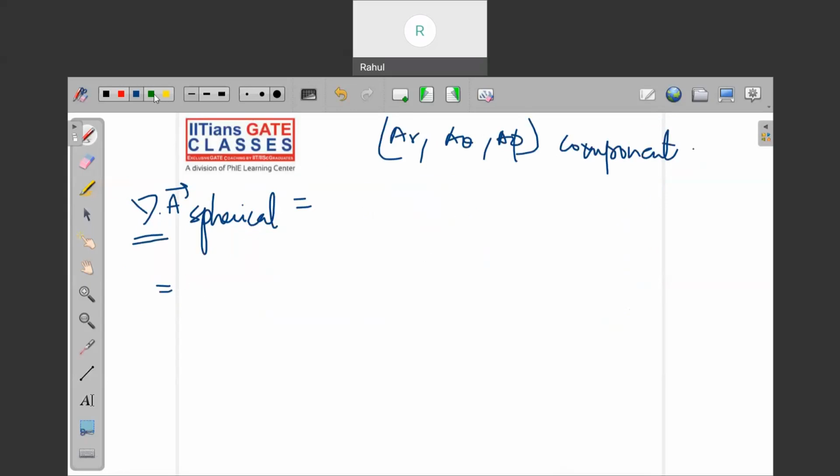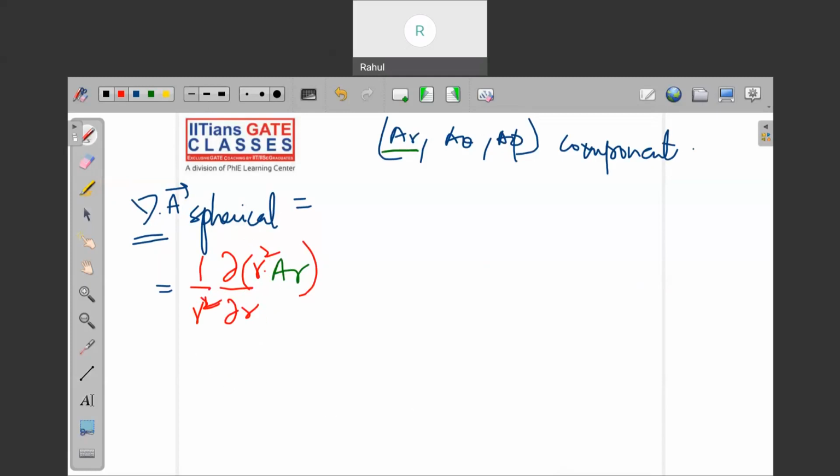Take the A r component. Now what you have to do? Multiply with r square, take the partial derivative with respect to r, and whatever you have multiplied with that component, divide it. This is simple, right?